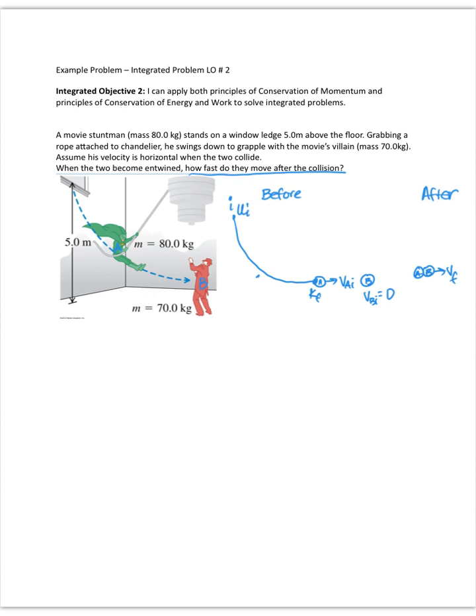So here we have the conservation of energy. And then in this area, we're talking about the conservation of momentum.